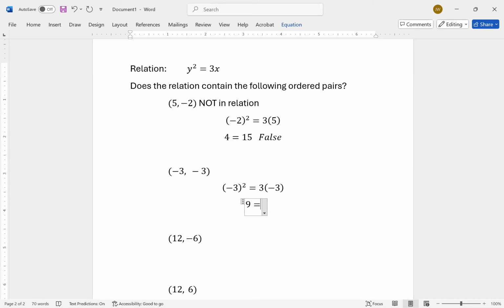On the right-hand side, I get a -9. Now, +9 is a different number than -9, obviously. And so that's a false statement. And therefore, that ordered pair, (-3, -3), is not in the relation.